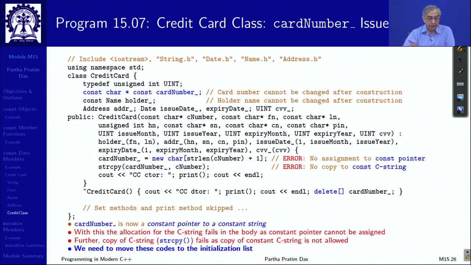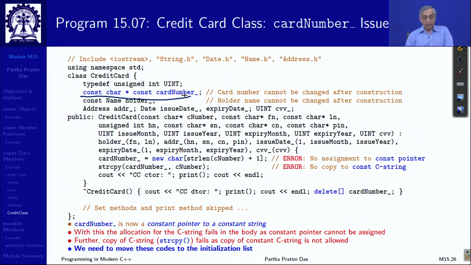So, now I have done that, I have made it into a constant pointer to a constant char star. So, it cannot be changed after the construction. The name of the holder also is constant. So, that cannot be changed.